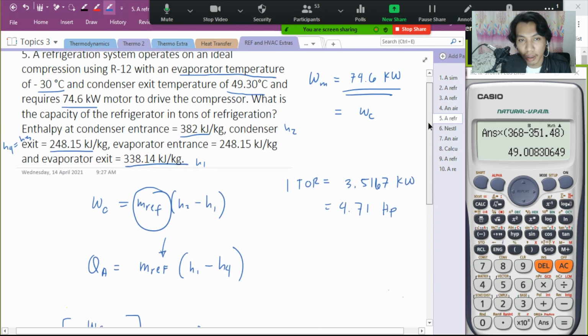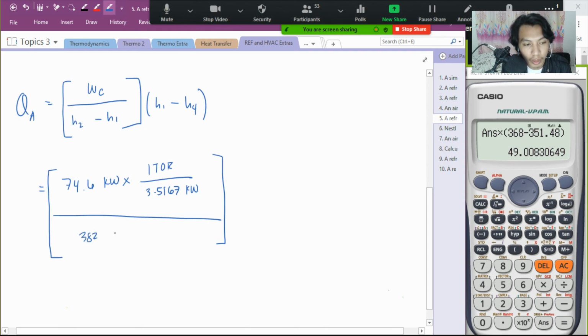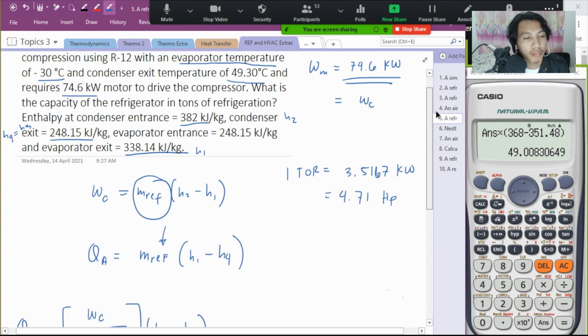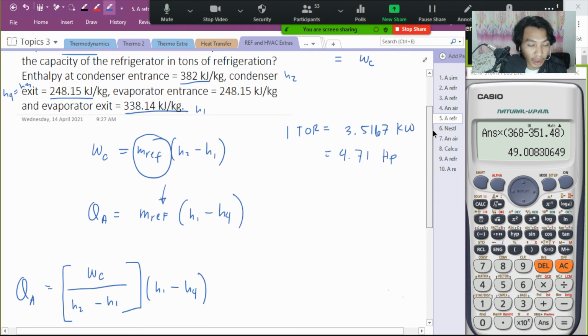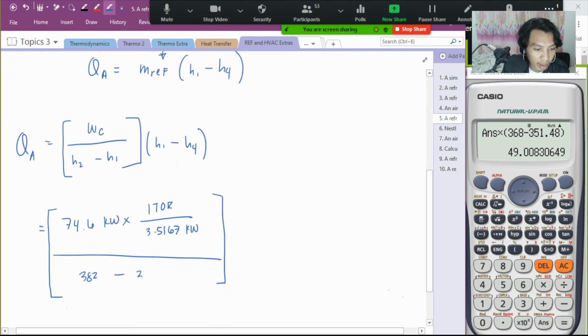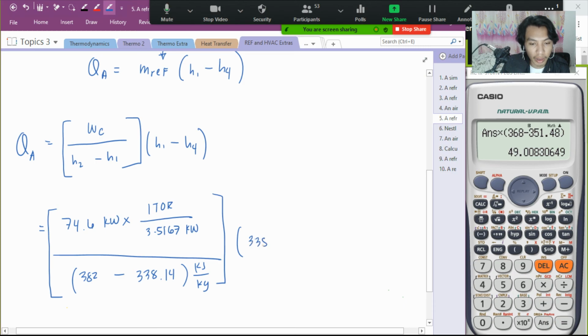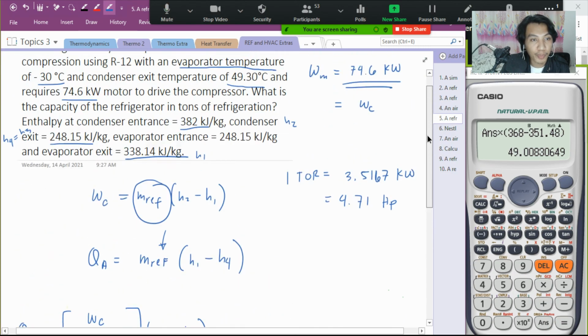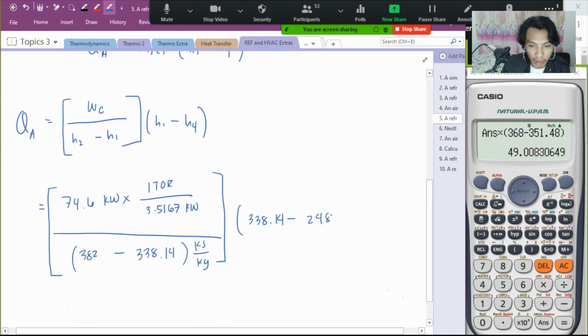The condenser entrance, H2, is 382 minus the evaporator exit, that is 338.14 kilojoule per kilogram, multiplied by H1 again, 338.14 minus the evaporator entrance, 248.15 kilojoule per kilogram.